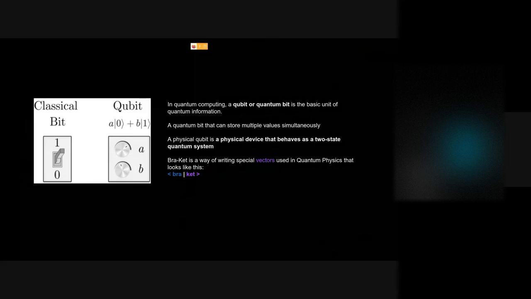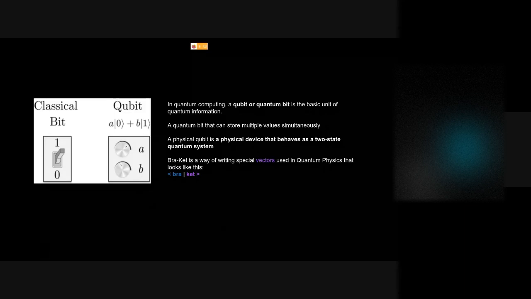So a qubit can store multiple values simultaneously. Now, if you look at this image, in classical computing, we had two states, either 1 or 0, on or off. In quantum computing, basically a qubit can exist in multiple states at the same time.